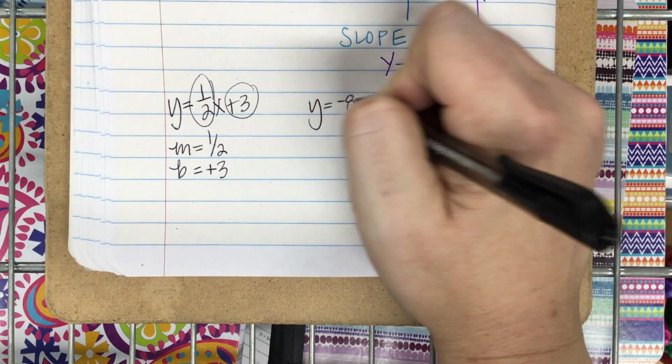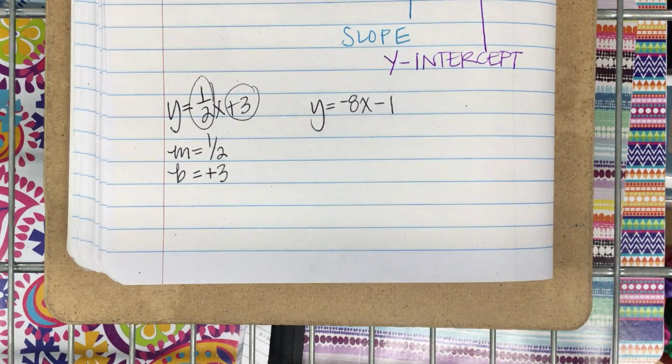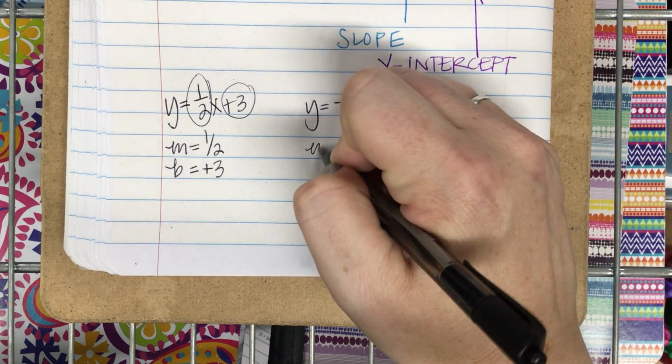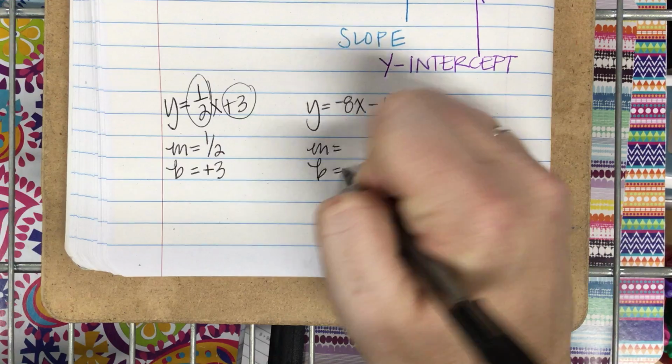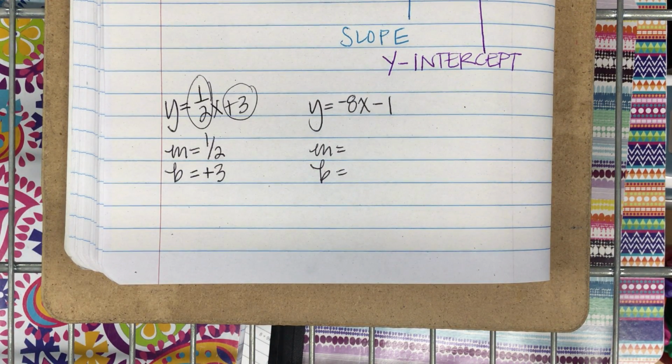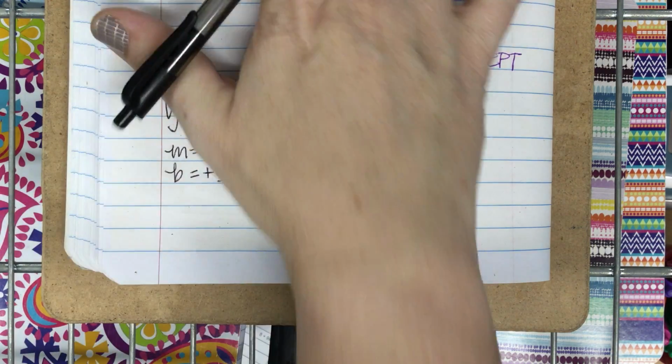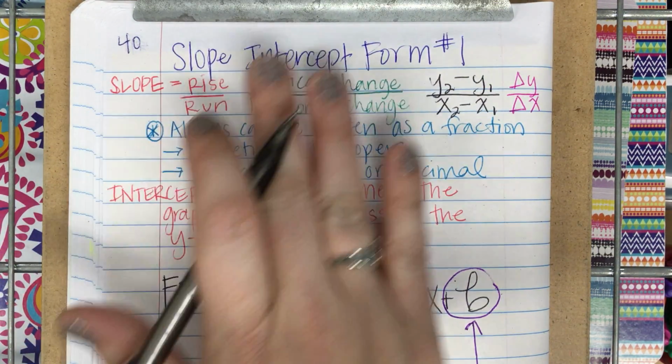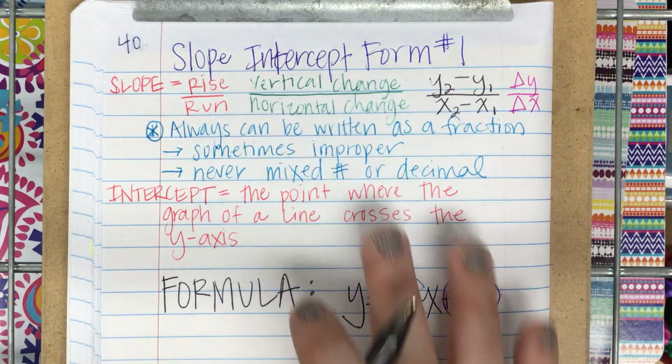All right, let's try this one. Y equals negative 8x minus 1. Can you identify the m and the b? What's my slope, if I was going to graph this and count this slope? Slope is rise over run, vertical change over horizontal change.